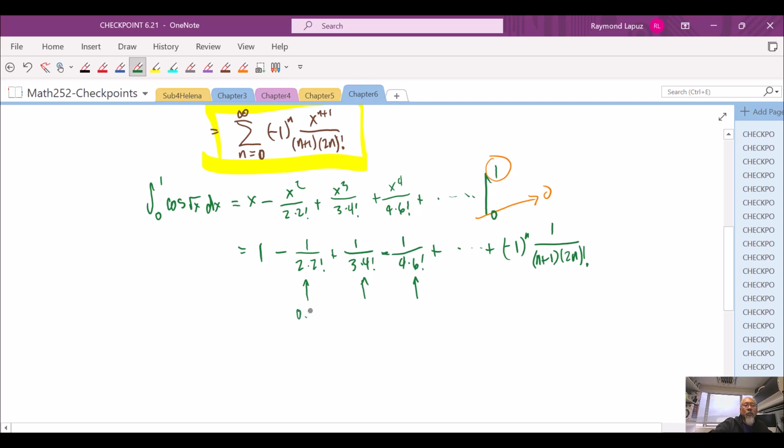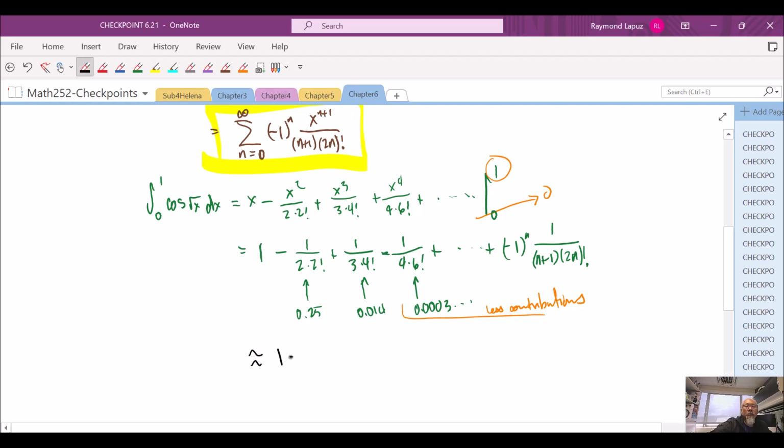So 0.25, this is 0.014, this is 0.0003, whatever. So it looks like at this point here, we're going to get less and less contributions to our sum.